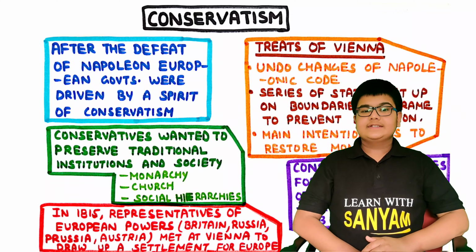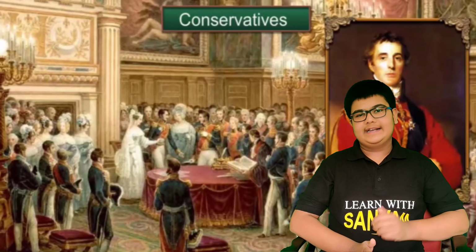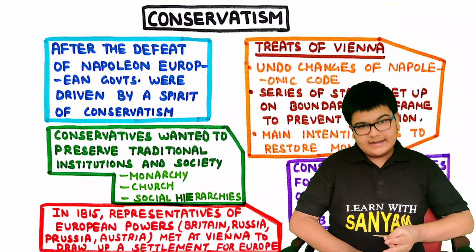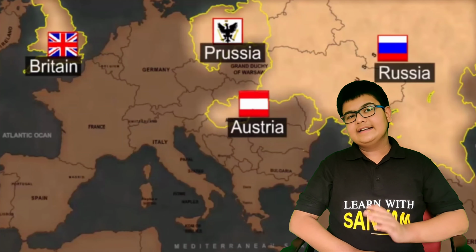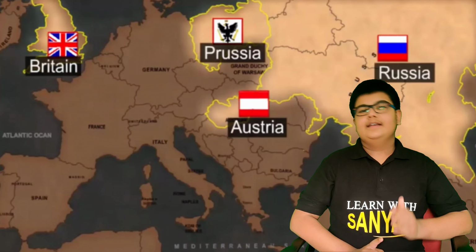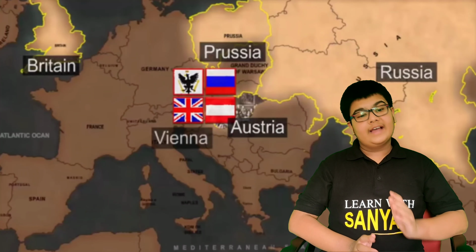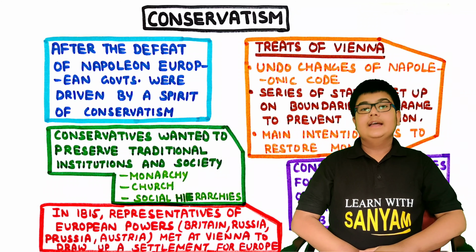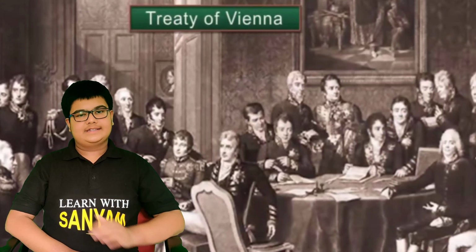Conservatives wanted to preserve traditional institutions and society like the monarchy, church, social hierarchies, etc. In 1815, representatives from Britain, Russia, Prussia and Austria met at Vienna to draw up a settlement for Europe. This was known as the Treaty of Vienna or the Vienna Congress.